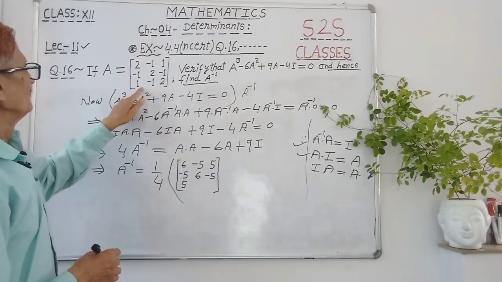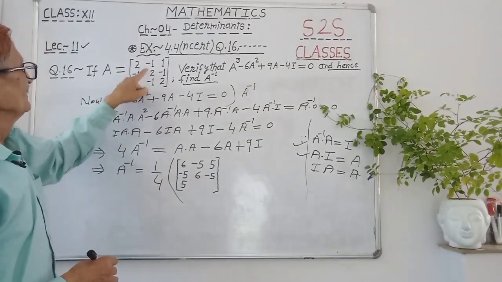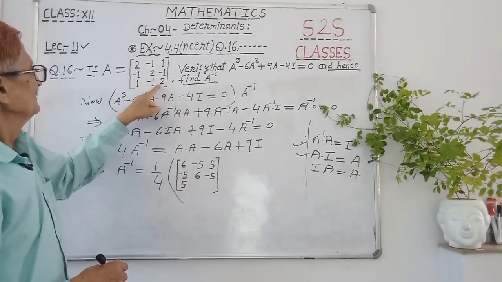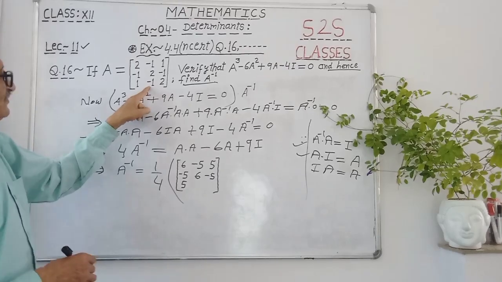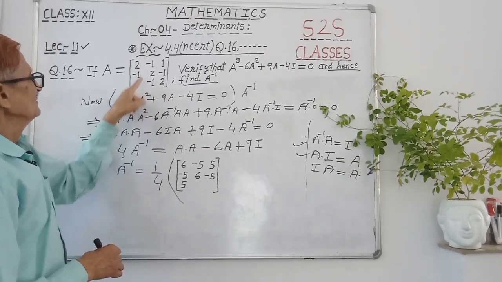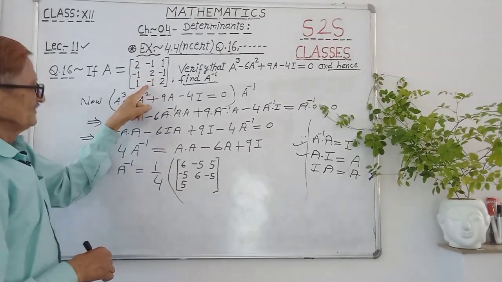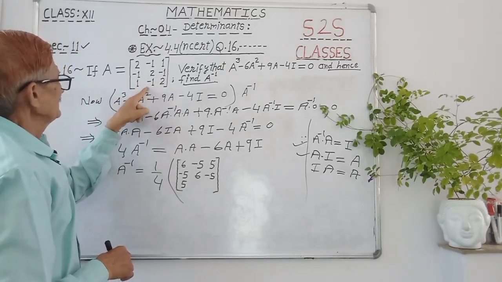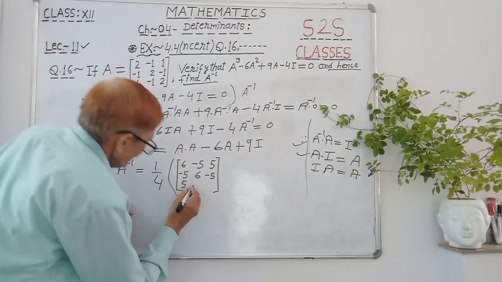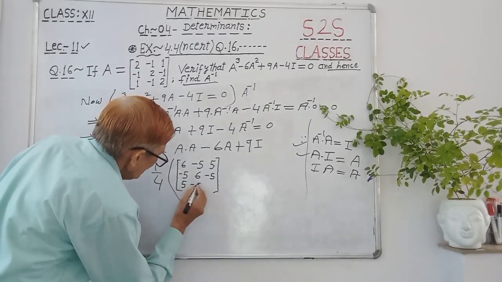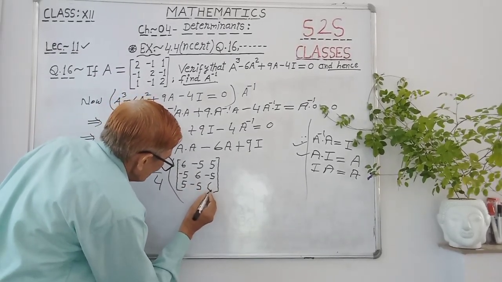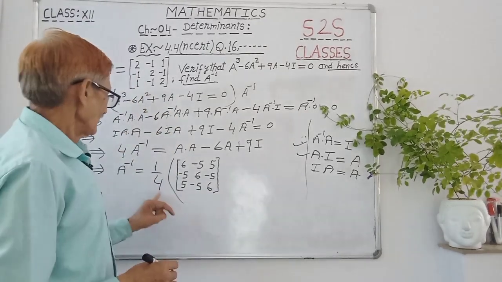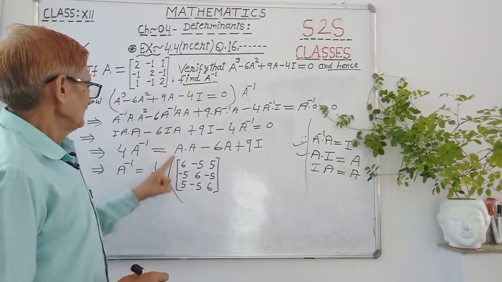Then with second column: 1 minus 1 and minus 2, minus 3, and minus 2, minus 1, minus 3 and minus 2, minus 5, and this will be 6. You can see we have done A square in the last question also. So this A square has come.